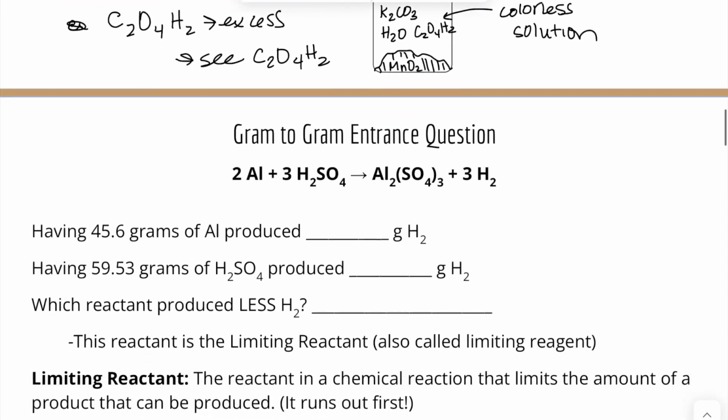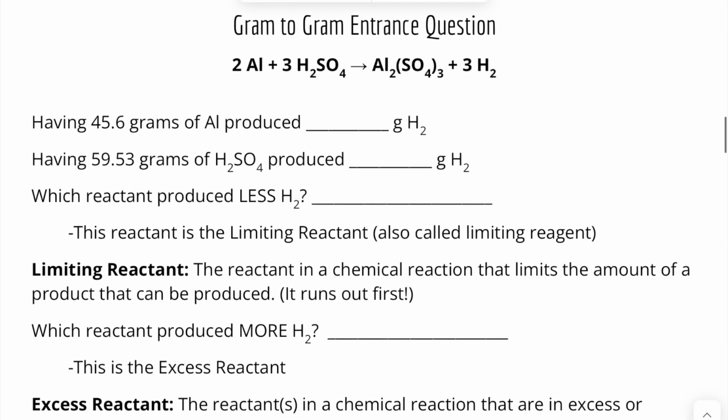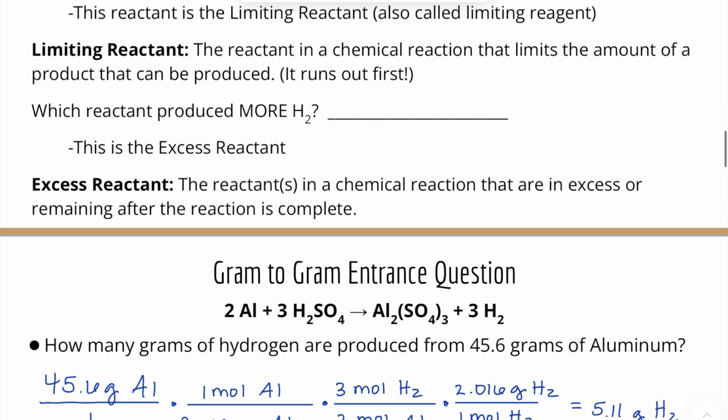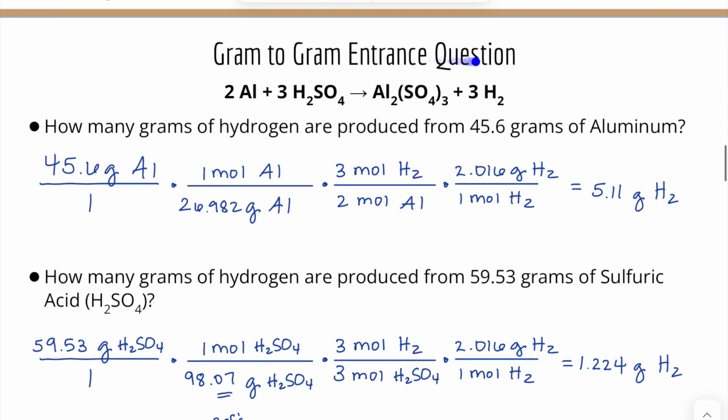All right, switching over to our mathematical side, how do we do these calculations? So remember that gram to gram entrance question. We were given some values for this reaction. So my answers for this gram to gram entrance question below, we were given 45.6 grams of aluminum. So we did that, grams of aluminum, to figure out how much hydrogen that produced.